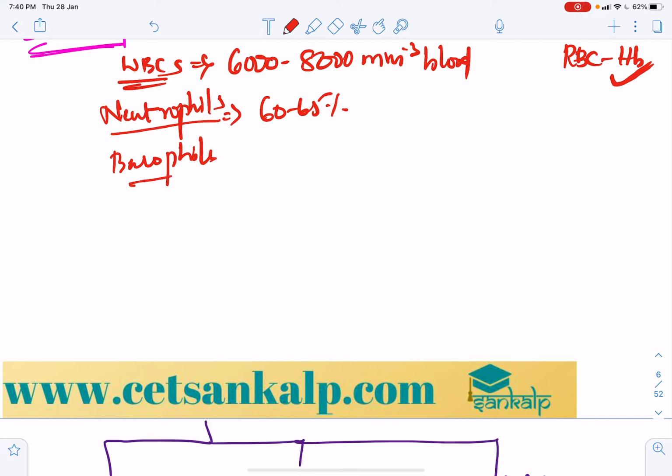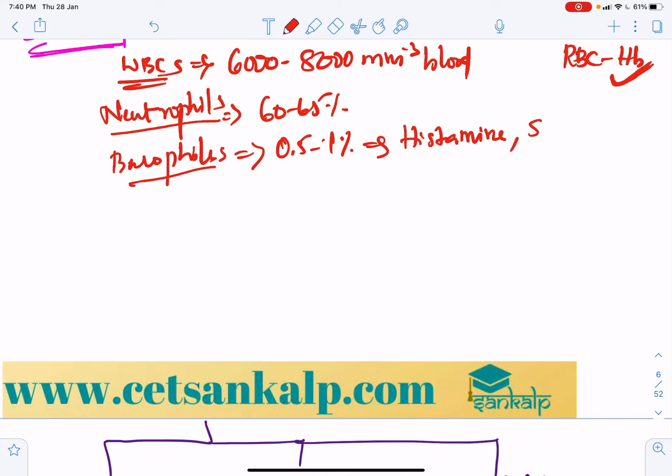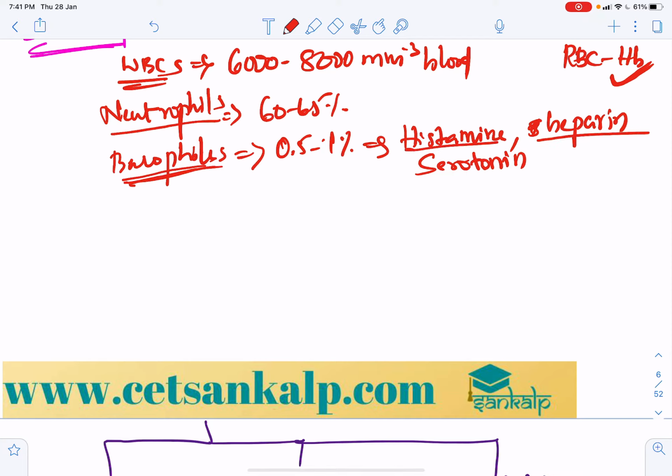Basophils are generally 0.5 to 1%, and they play a major role in the secretion of, make a note of this, histamine and heparin, and they also produce serotonin. Like mast cells, basophils produce histamine and heparin.